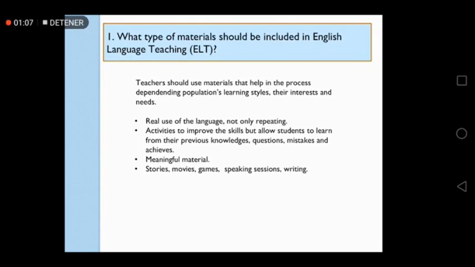For example, real use of the language, not only repeating, for example, of a book, activities to improve the skills but allow the students to learn from their previous knowledge. Questions, mistakes, and achieves. Meaningful material, stories, movies, games, speaking sessions, or writing sessions.